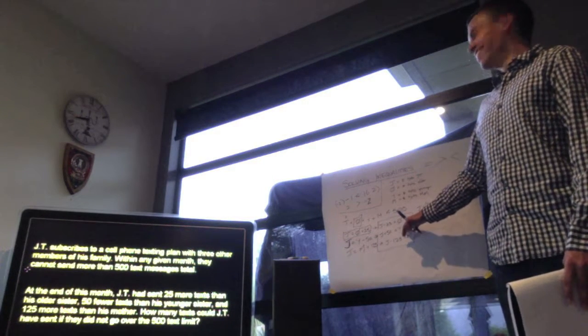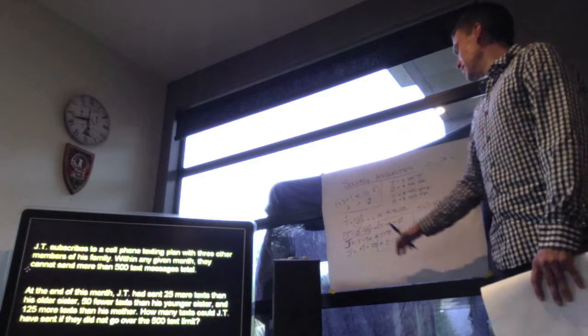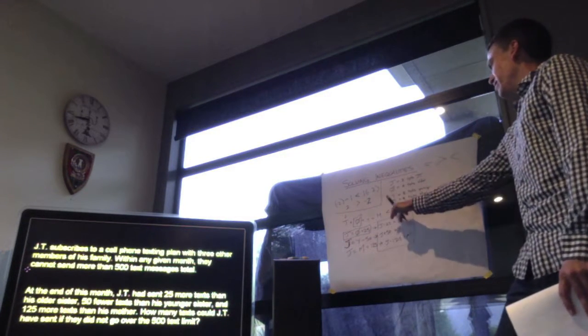J plus 50. Yep. And then our last term is M. So minus 125. Exactly. And all of that still equals less than 500. Less than 500. Exactly. I have a question.